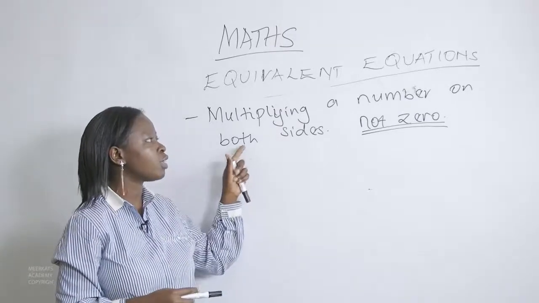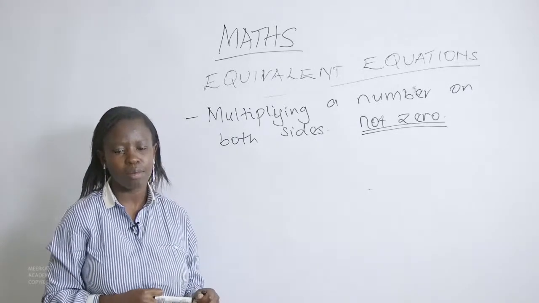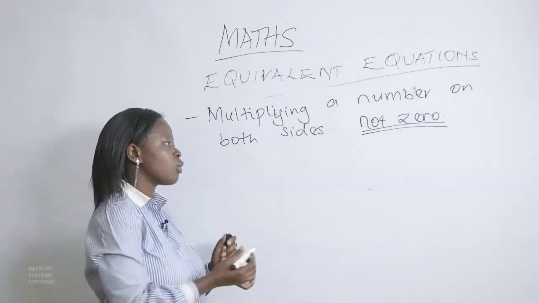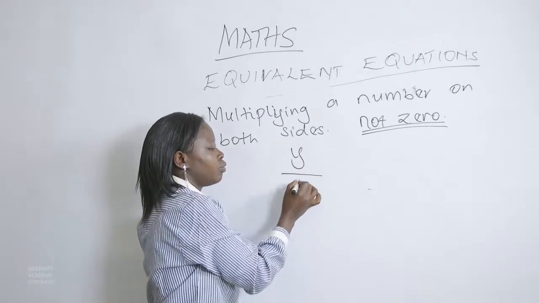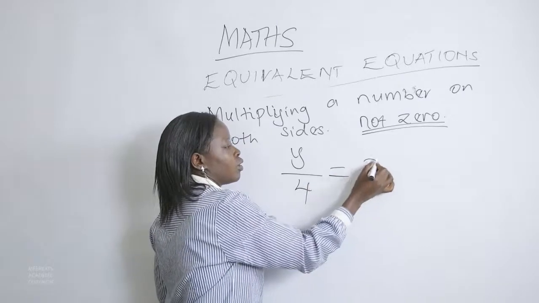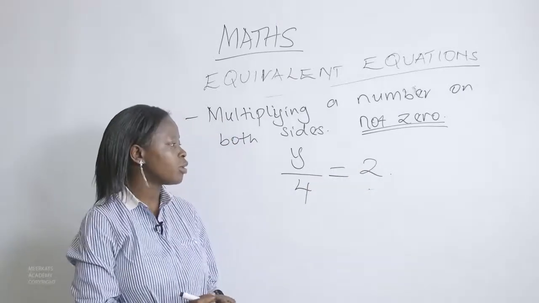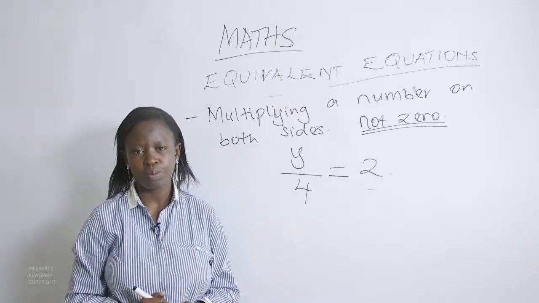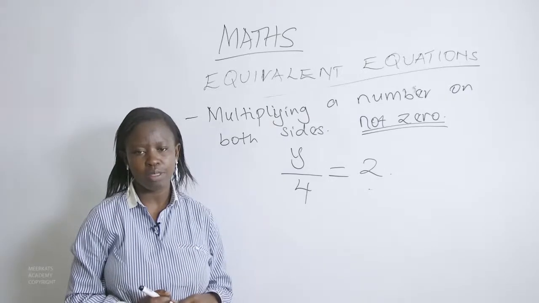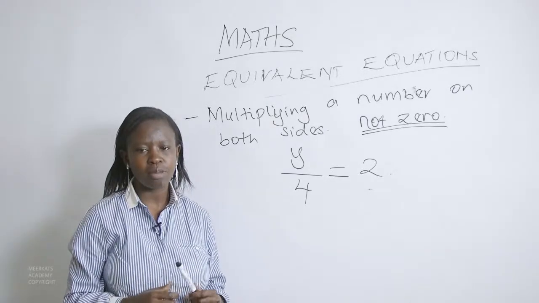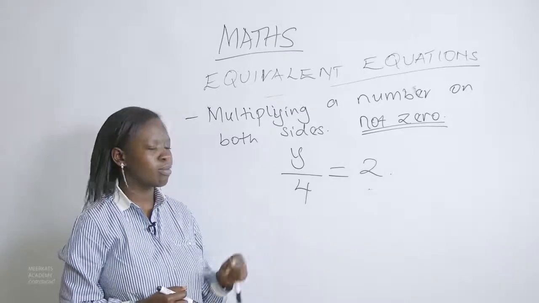So when you're having an equation whereby it is possible to multiply a number on both sides, for instance, we could be having a question like y over 4 is equal to 2, then it means that if I need to get the value of y in this given situation, it is possible for me to multiply both sides by 4.